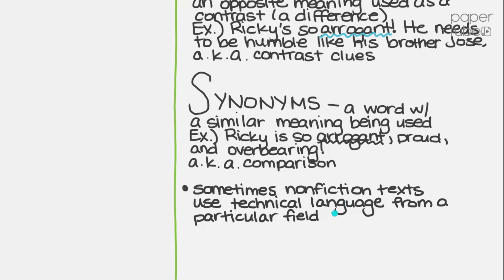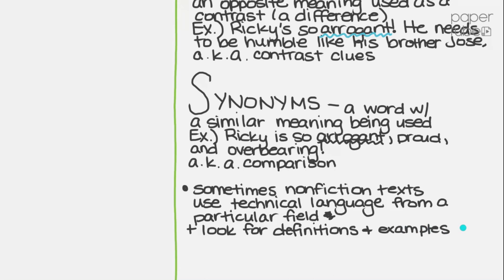And it's best if, when you're looking at those ones, that you look for definitions and examples in those texts. So think of like a history textbook or a science textbook. Usually they will provide the definition for the word or an example of the word right there in the text so that you can understand what it means.